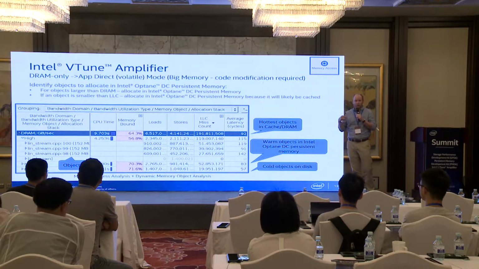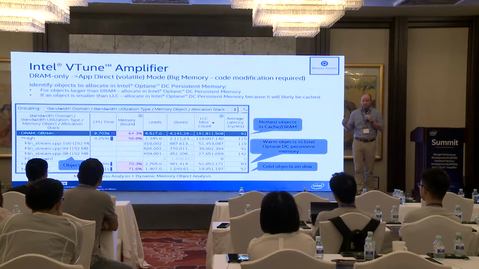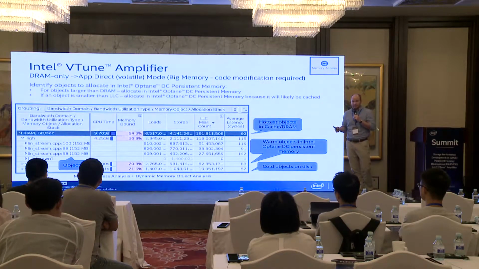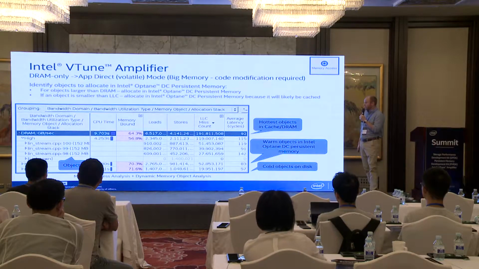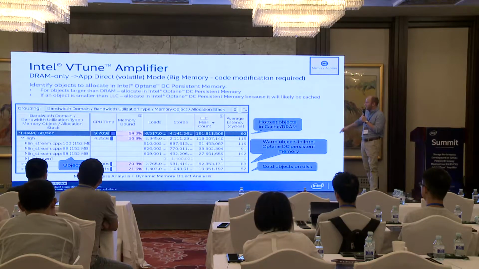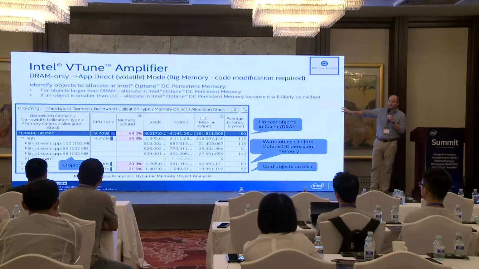If you've used other platforms with different types of memory on them, you may be familiar with this concept. Maybe something like a high bandwidth memory, and you manually allocate in that memory or DRAM. In App Direct mode, you use APIs to choose where objects are allocated. And we have some advice in our tools to help you understand how to do this.